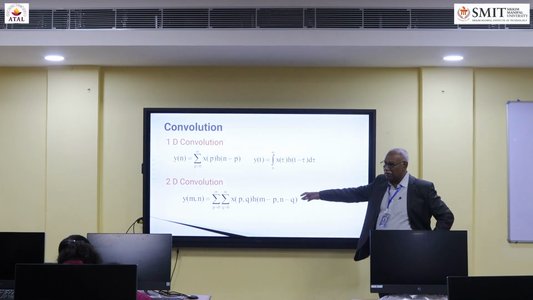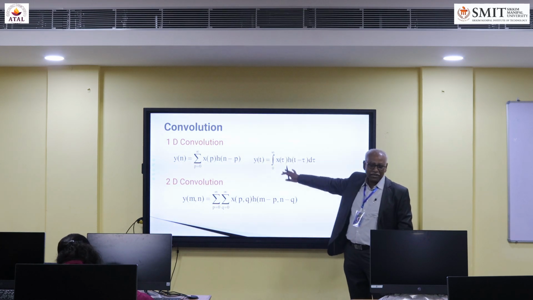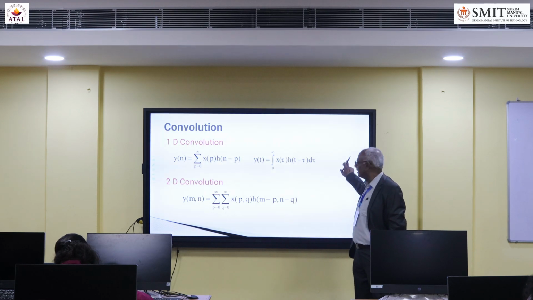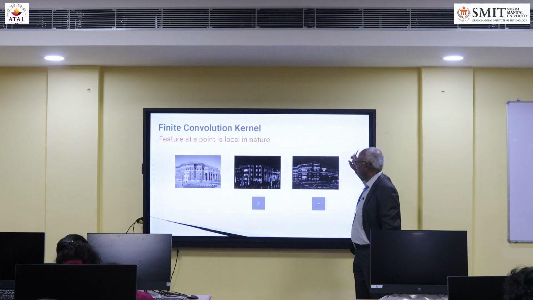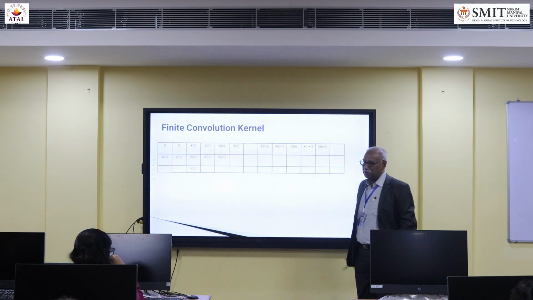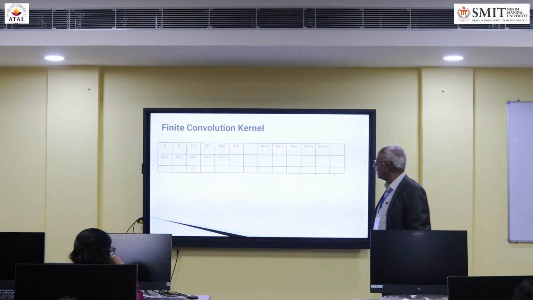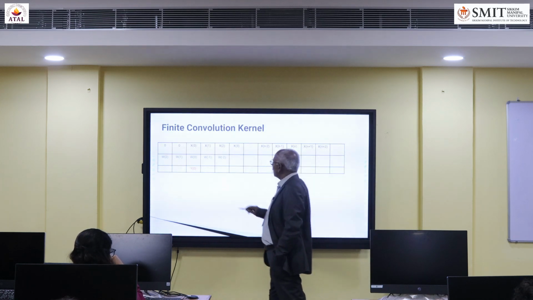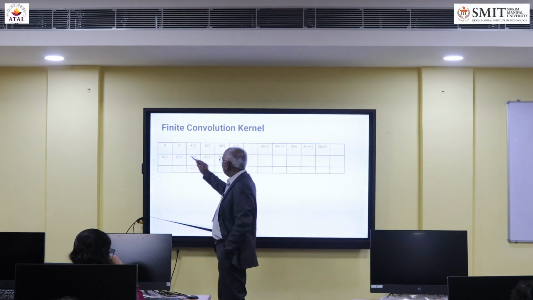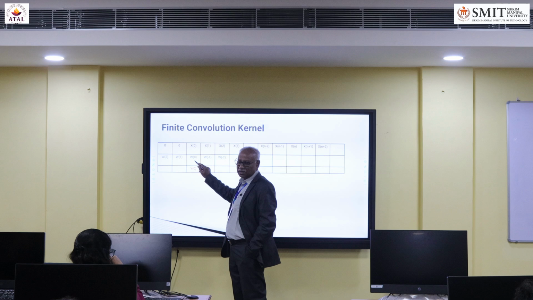These are again mathematical expressions of convolution in one dimension and convolution in two dimensions. Without explaining this, let us see how this convolution is done. I'm doing it with respect to one dimension. Suppose I have a convolution kernel like this. The center coefficient of the kernel is represented as WC.